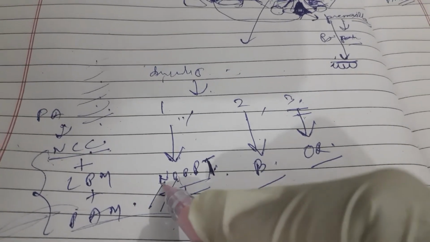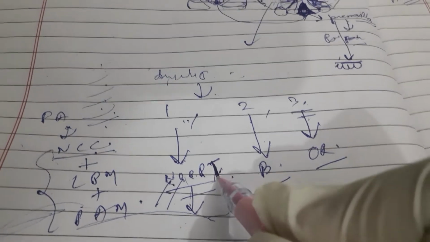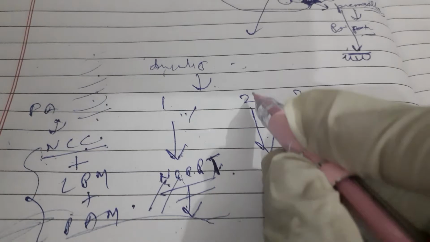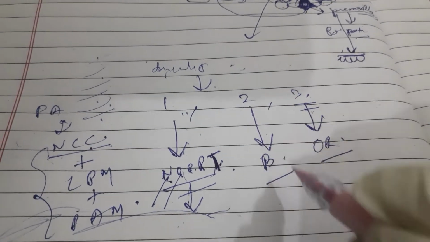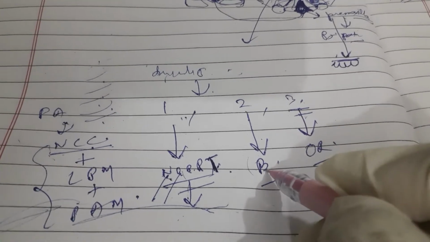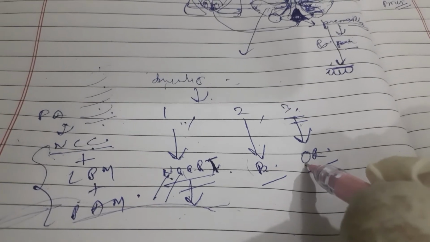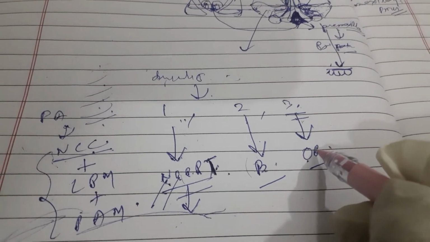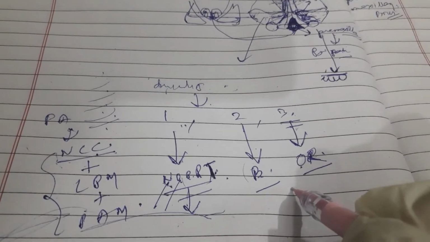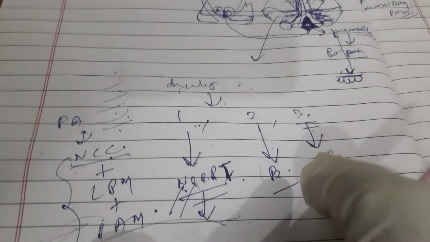Nasal and oral epithelium, palatine bone, palatine shelf of the maxilla and the tensor veli palatini muscle. The second pharyngeal arch gives rise to taste buds over the soft palate. This is bud, taste bud. Third is or, that is oral epithelium of the soft palate, and R is for the rest of the muscles, that is the levator veli palatini, palatoglossus, palatopharyngeus and the musculus uvulae. This way we can write.